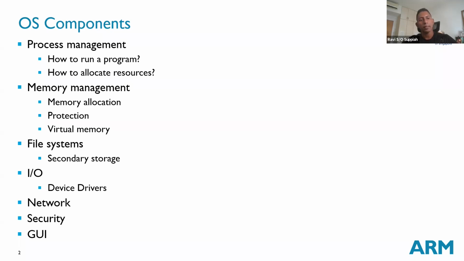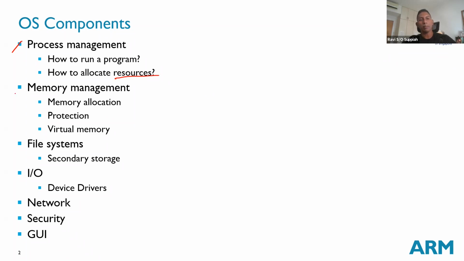In terms of operating systems, there are many components to it. Of course, one of the first things is process management. When you talk about process, it's about running multiple activities at the same time. When you are doing that, how do you allocate resources? Those are some of the important things that the OS has to take care of.